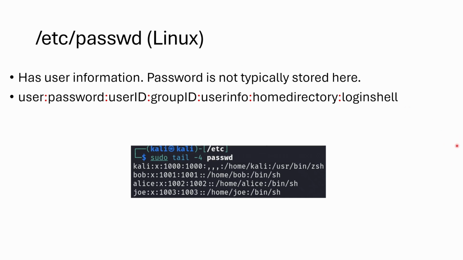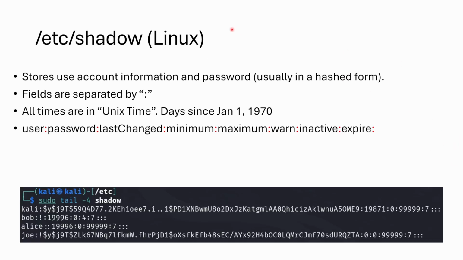But where the passwords are actually stored, they are stored in /etc/shadow. By default, if you don't specify a hashing algorithm, you can store plain text passwords in here as well. Not advised, obviously, but that's why I said usually in hashed form, because they don't have to be.